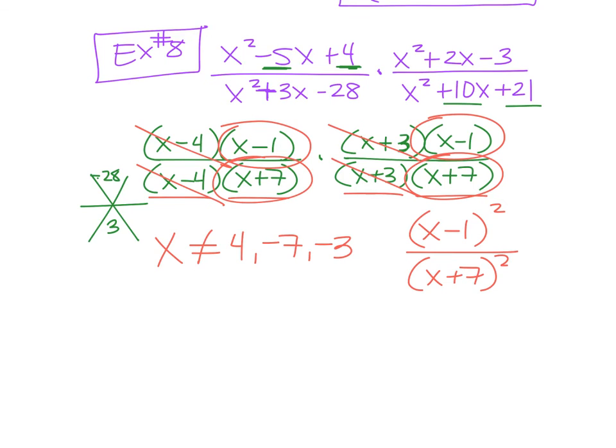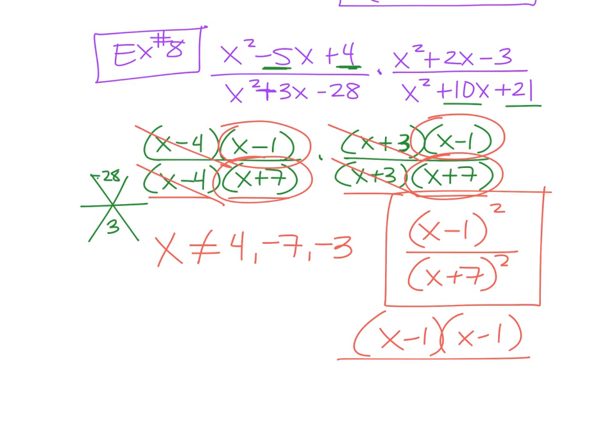You can't have a 0 in the denominator, right? And it's not wrong if you write it x minus 1 times x minus 1 over x plus 7 times x plus 7. That's okay too. It's just a little cleaner to write it this way, but either one of those is fine.